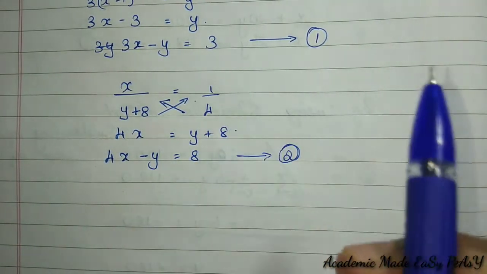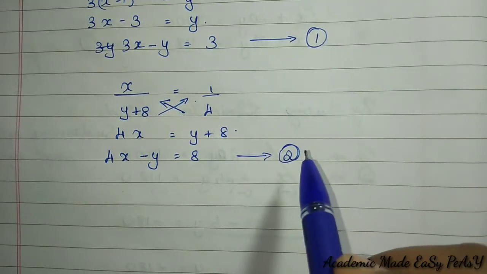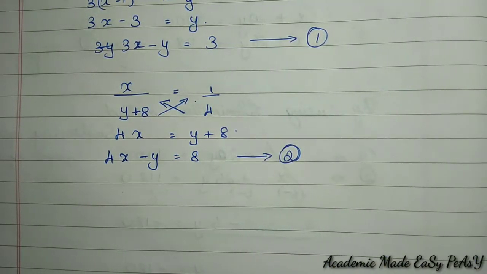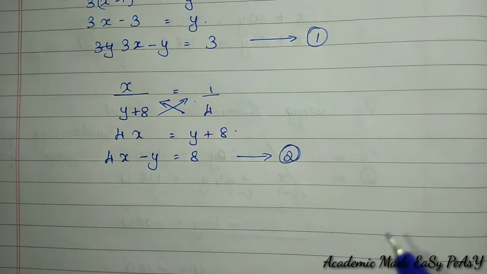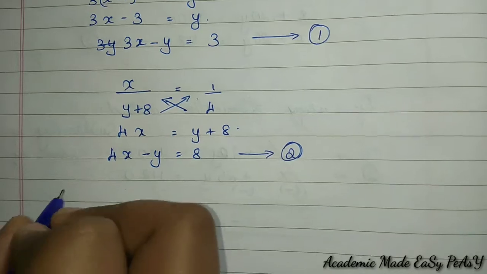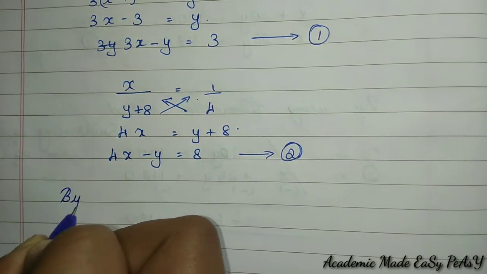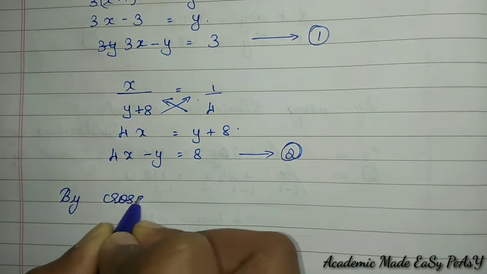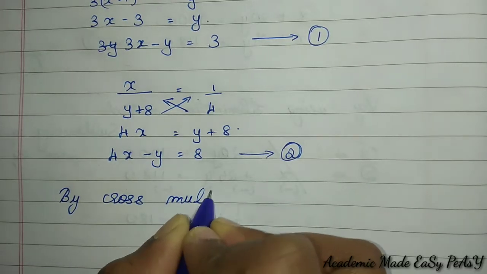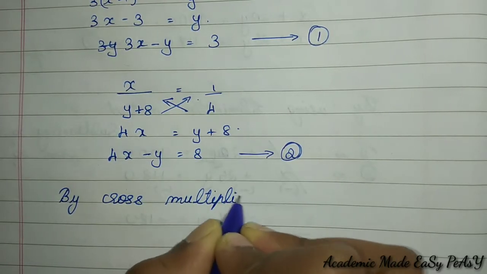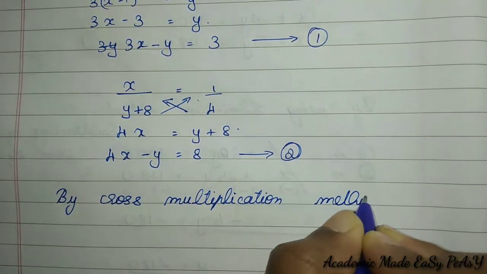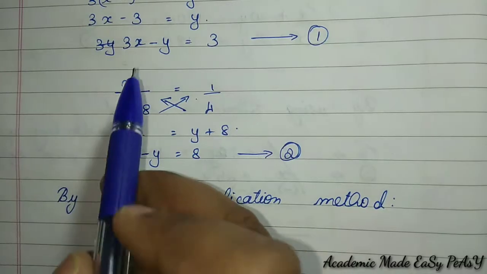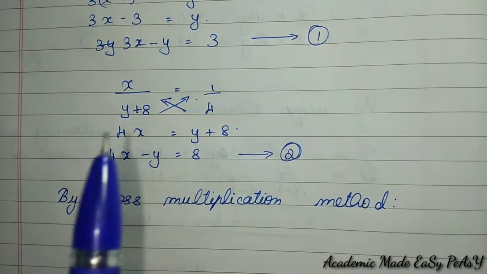So now let us use cross multiplication method. So I will teach one sum in one method so that it will be easy for you all to recall it again. So now let me use the cross multiplication method. So now I will just write all the equations in standard form.